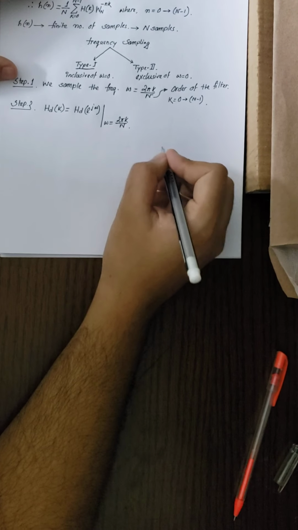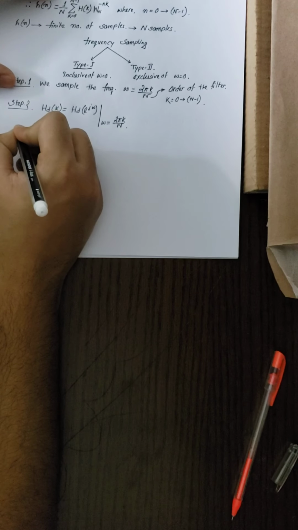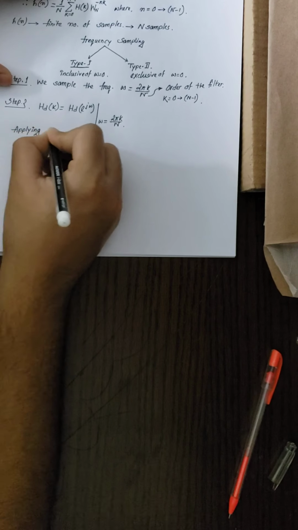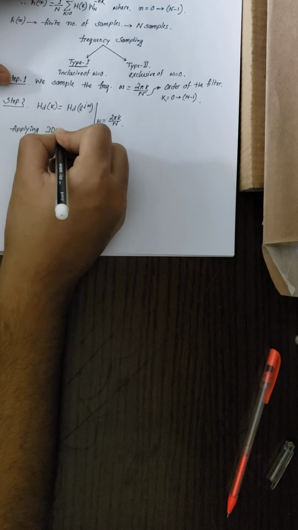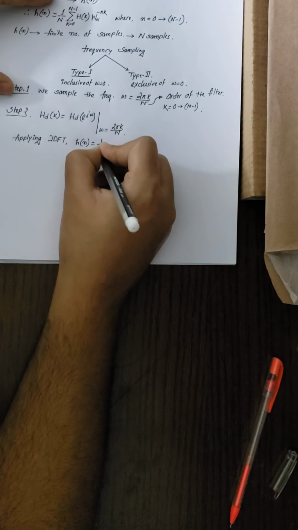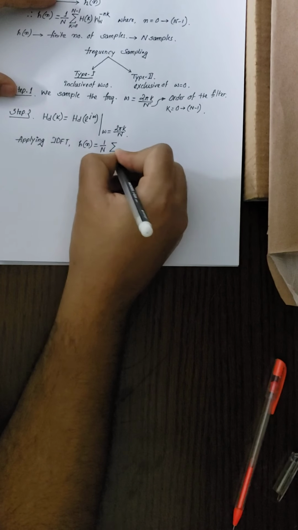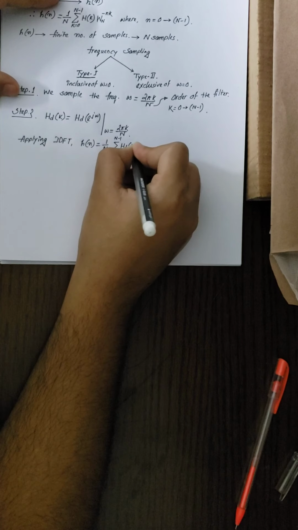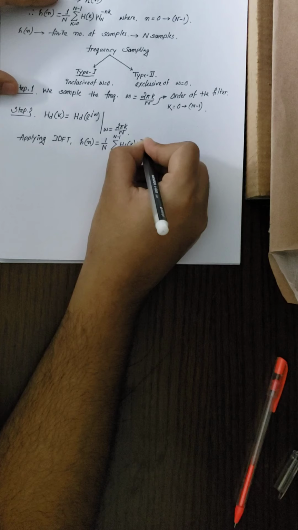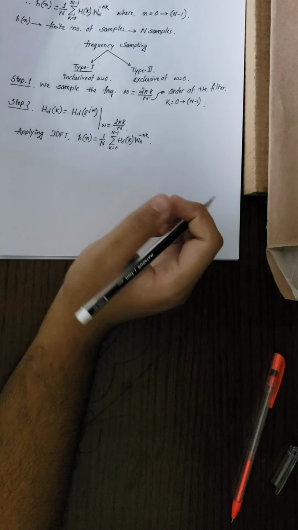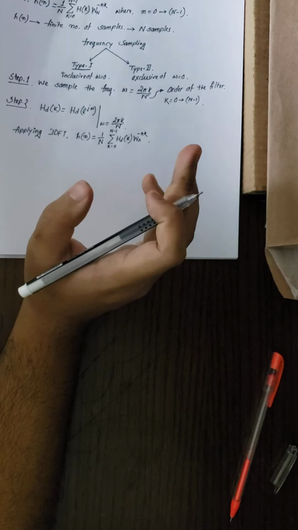So after applying IDFT, we get h of n, which is equal to 1 over N summation, where k goes from 0 to N minus 1, HD of k, W_N to the power minus nk. So here comes the difference with DFT and frequency sampling method.